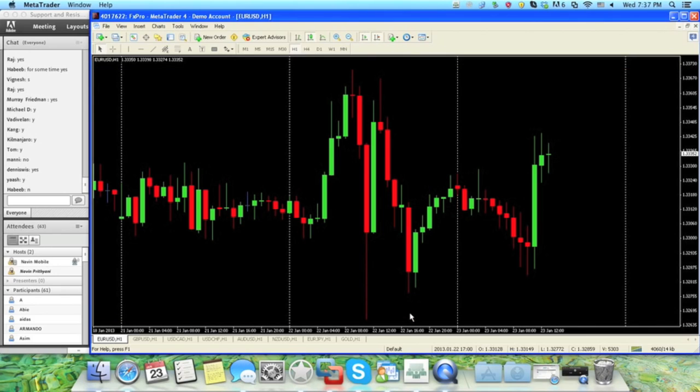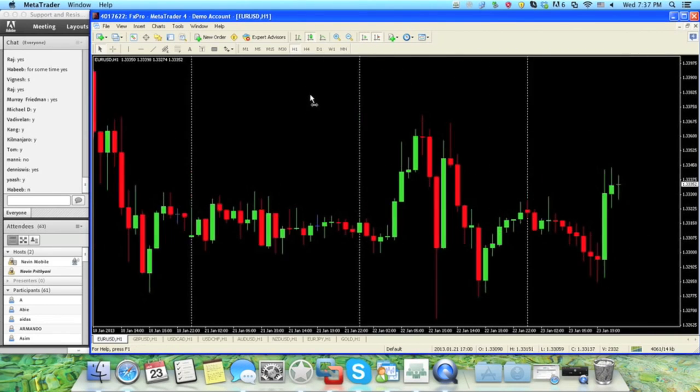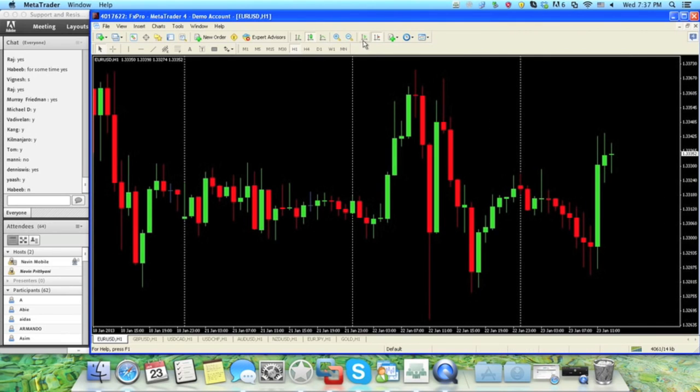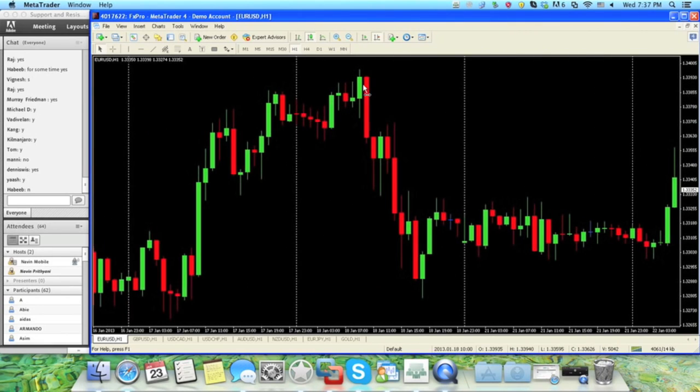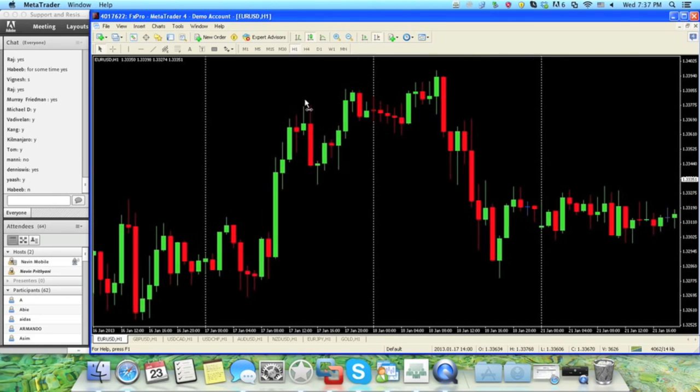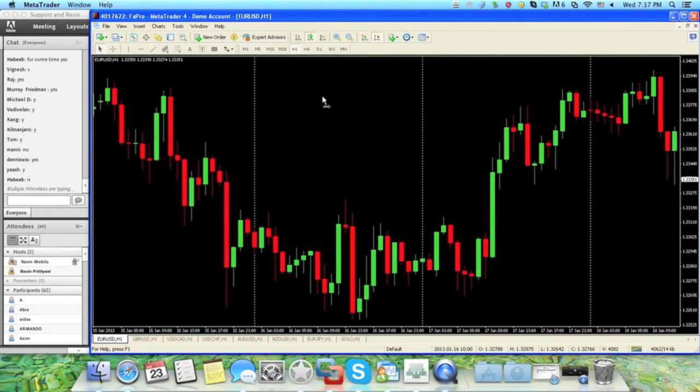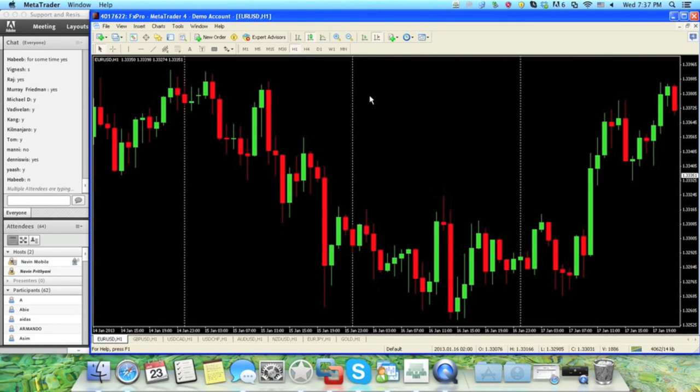Now that being said, let's take a look at the next things. How do you know if a support and resistance is strong or not? Check the past data, multiple touches.